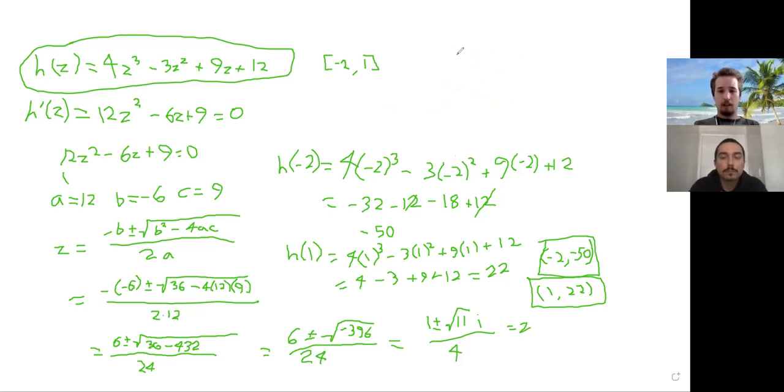These would not be critical points, but this would be your absolute minimum on the interval, and this would be your absolute maximum. So you have to remember to test the endpoints for extreme value theorem.